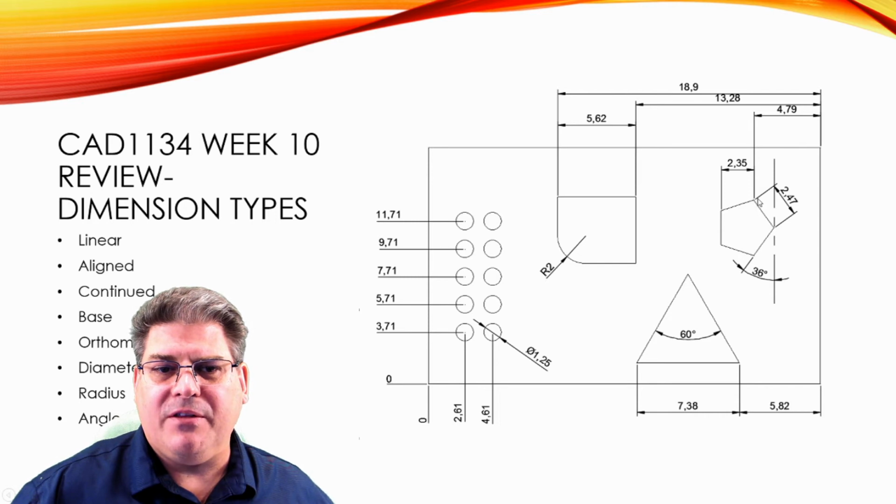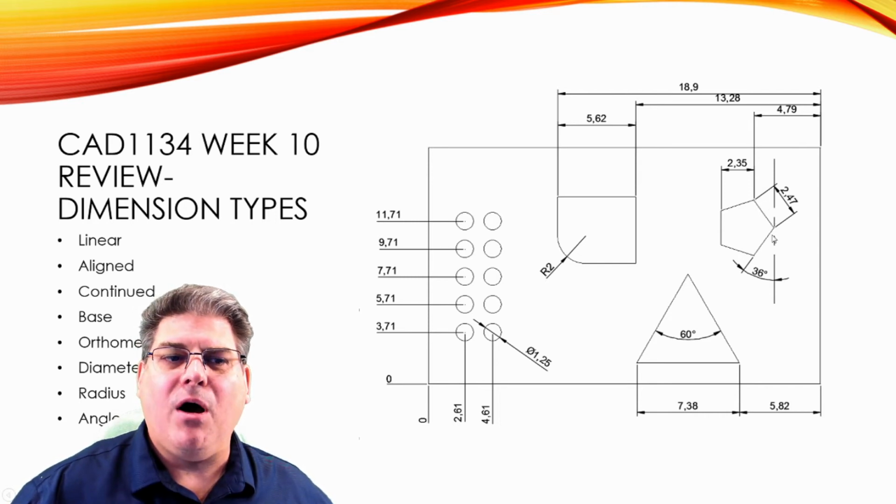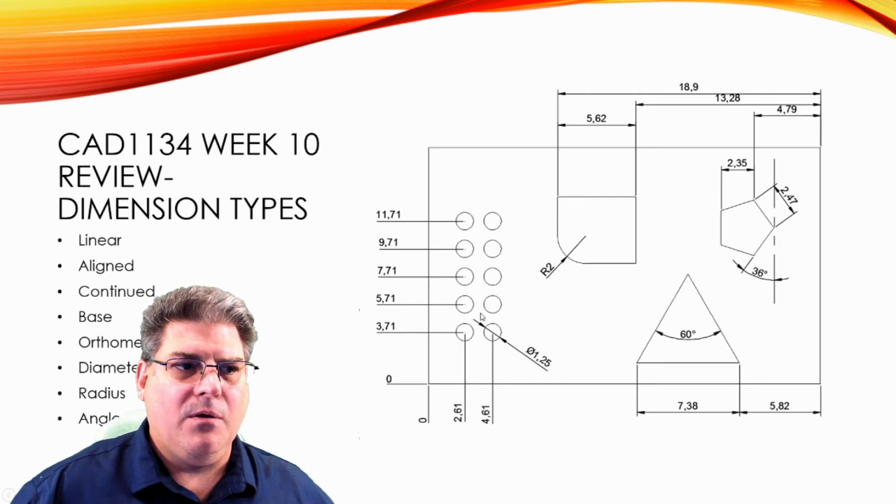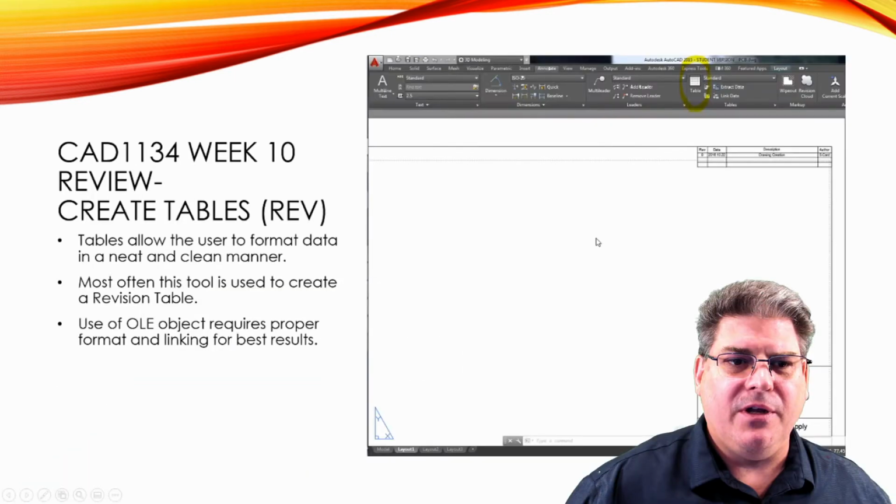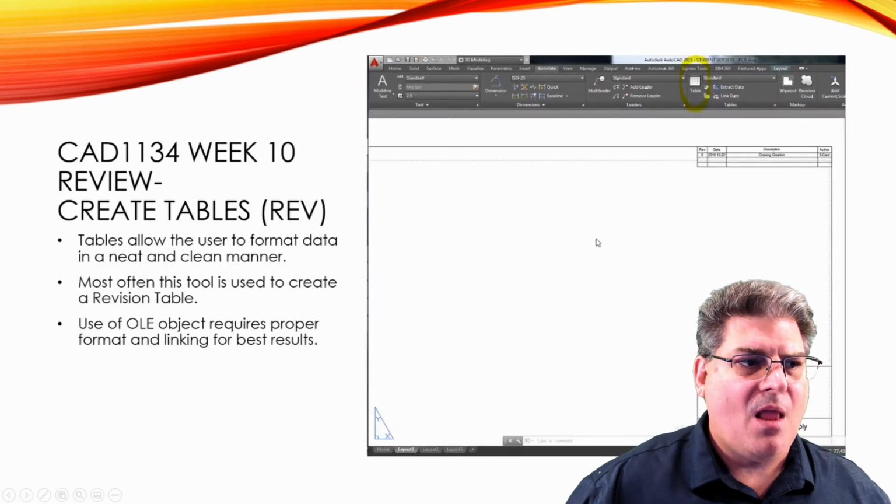So if we were to make this a right angle triangle, it's measuring the length of the hypotenuse. Okay, so these are the types of dimensions that are available to you, and how you use them is completely up to you. All right.